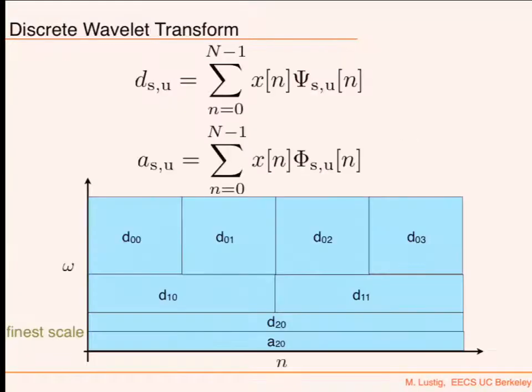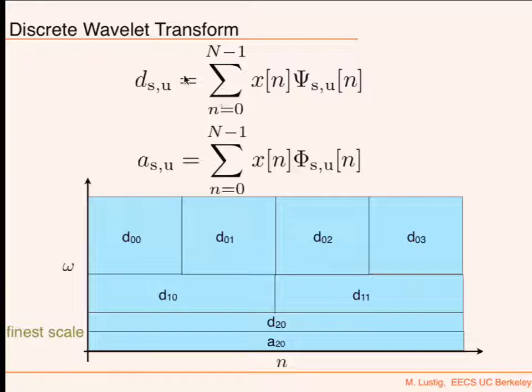Okay. So when we go from the continuous time into the discrete time, now we can write it in a very similar way as you've written. Instead of sums, instead of integrals, you write it in sums. And we're going to look at two types of coefficients.